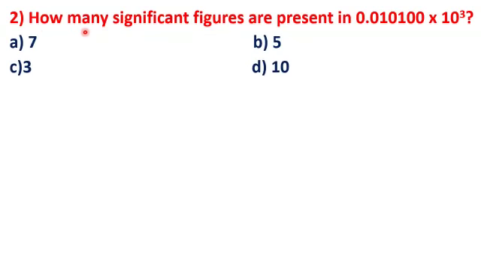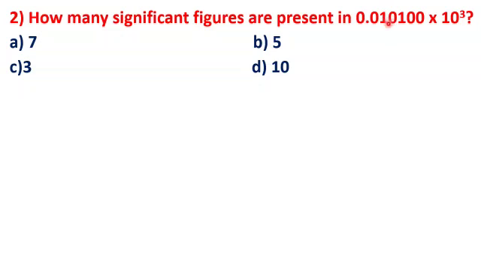Second question, how many significant figures are present in this number? The zero to the left of the decimal point is non-significant. The zero after the decimal point, which is to the left of the non-zero digit, is also non-significant, and this 1 is significant because it is a non-zero digit.